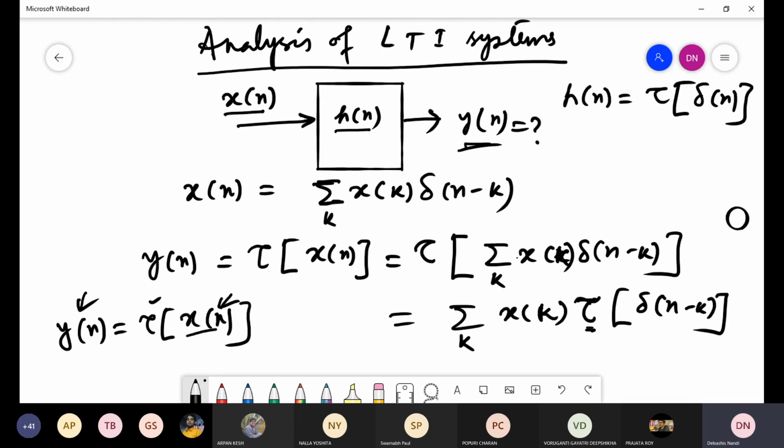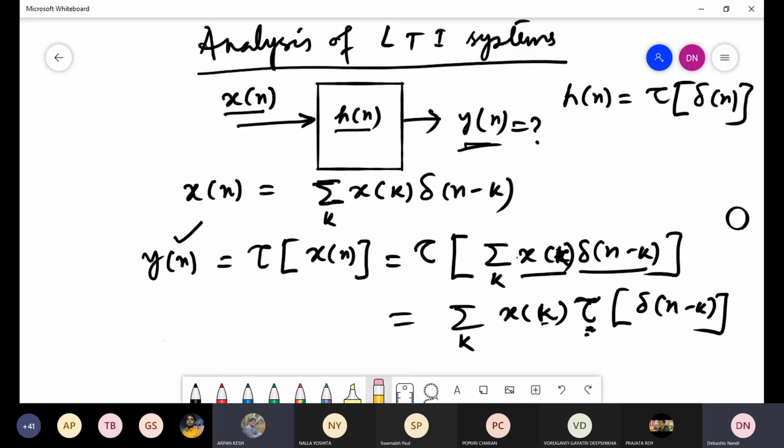You put some value in place of k. K may be 1, then 1 sample delay. K may be 2. But ultimately the function generated is a function of n. Therefore, the transformation operation is used on the function where the n variable is there. In x k there is no n variable, but in delta n minus k, n is there. Therefore, the transformation operation is used on delta n minus k.